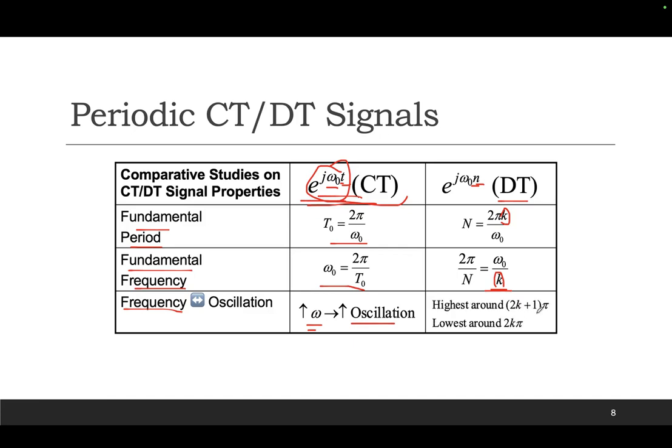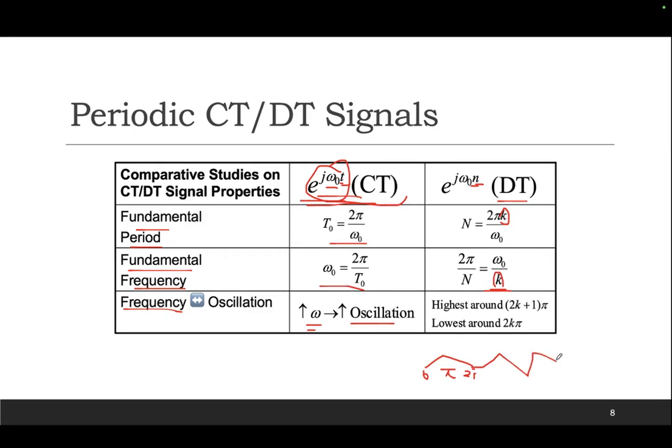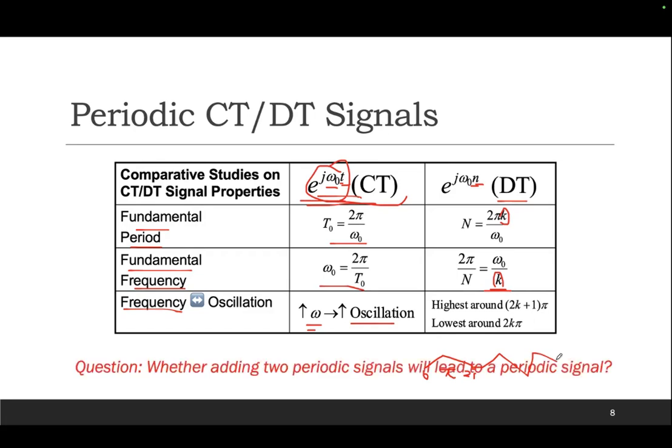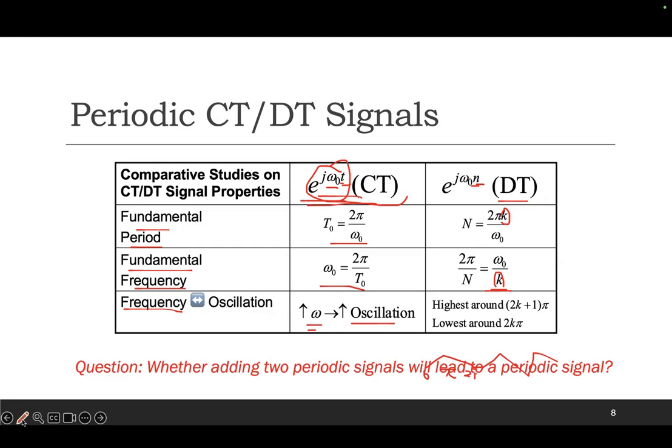It should be highest around (2k plus 1) pi, and lowest around 2k pi, which means if k is 0, this is the lowest, am I right? And then 0 and pi, am I right? For k equals 1, k equals 0, this is pi, and then 2 pi is the lowest, then 3 pi, am I right? It should apply these rules, am I right? Okay, there is a question.